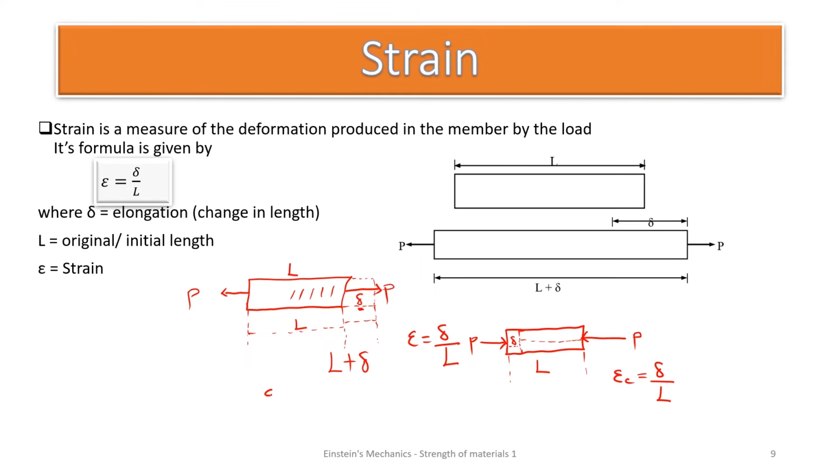Strain is given as change in length over original length, but the change in length will be the final length, which was L plus the elongation, because it is the distance from the starting point to where the elongation took place, minus the initial length, which was L, all over the initial length.